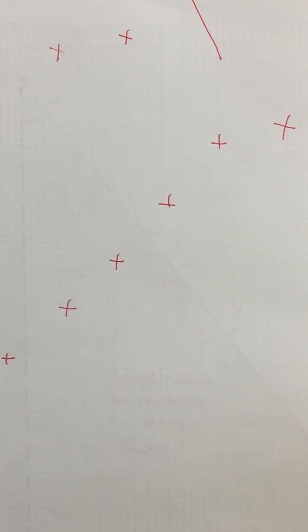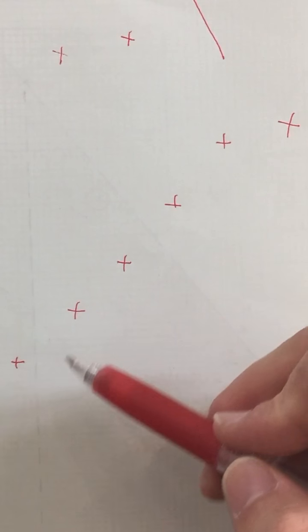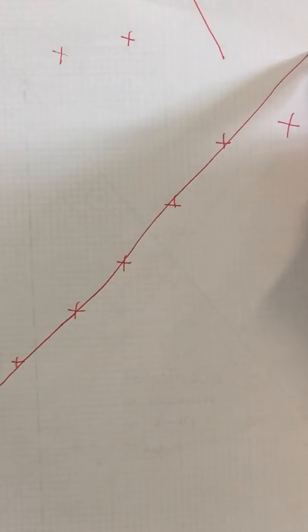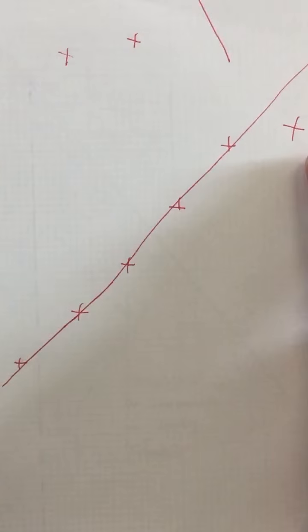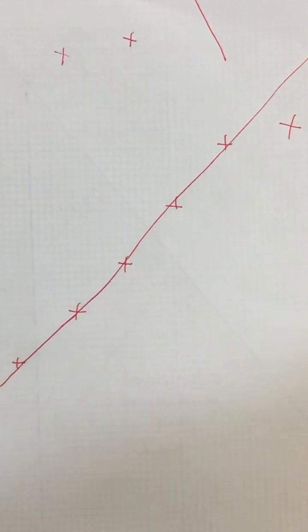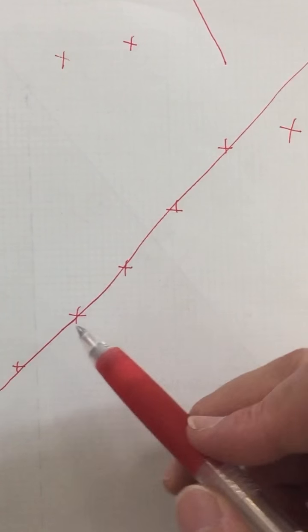So what do I do? Now there are 2 things I can do. I can draw a straight line through all my points like this, but I leave 1 point far away. Is this wrong? Technically, it's not wrong because this is still balanced and it still seems to be best fit. But a better line will be like this.